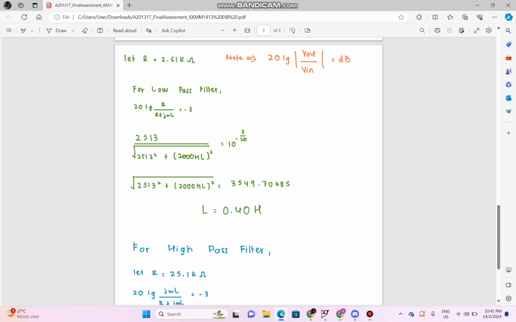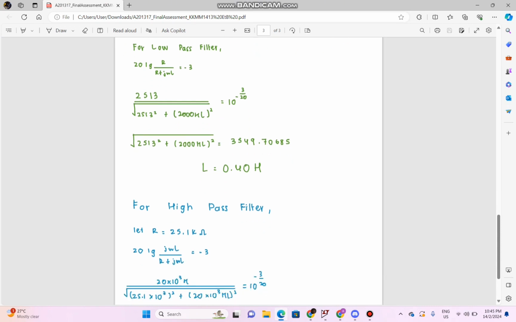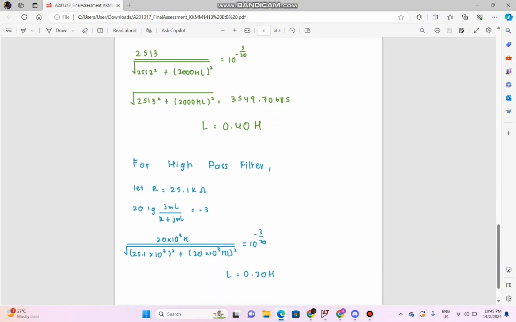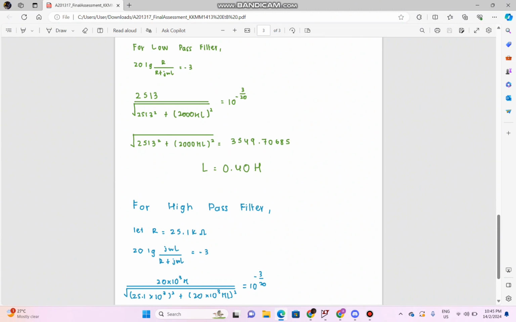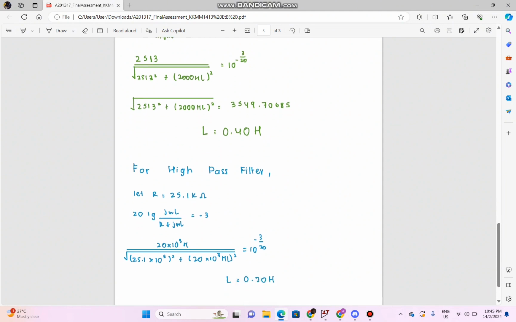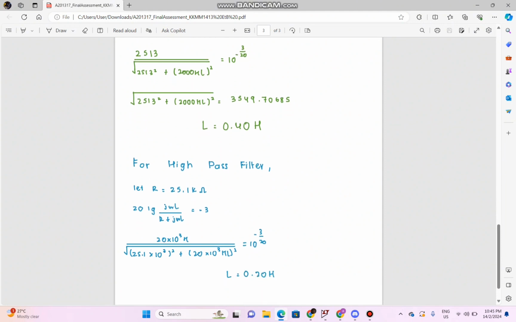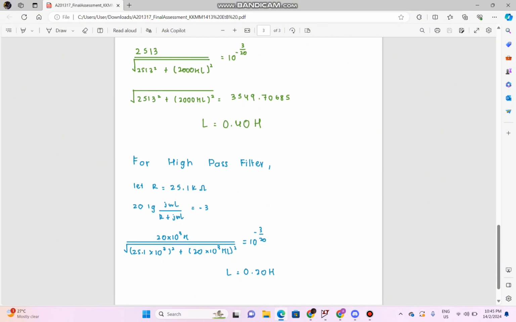Then we sub in the value. Once again, we sub in the value. We get this 10 from log base 10. Then we sub in the value, and we get L equals 0.40 Henry.